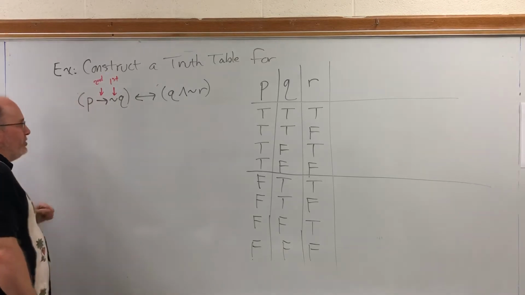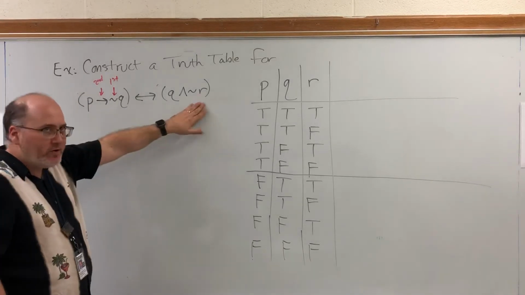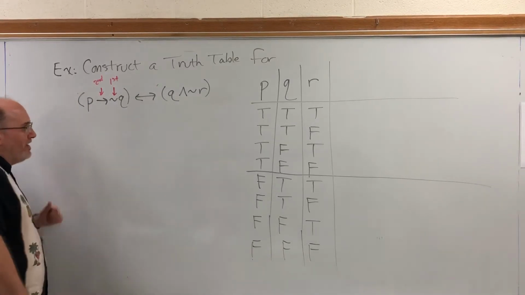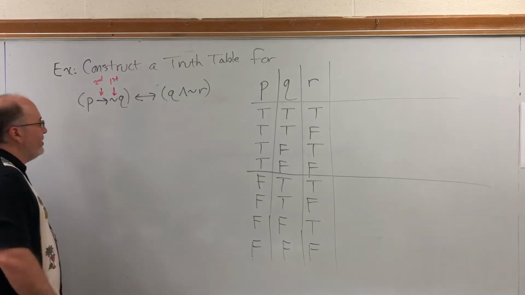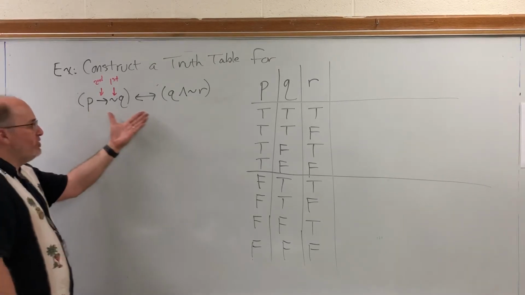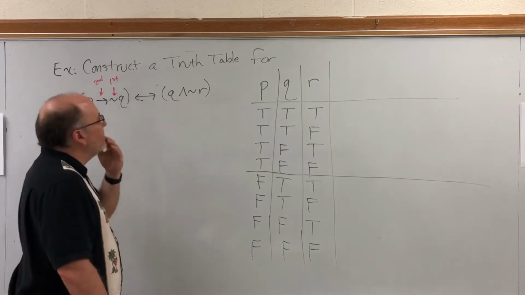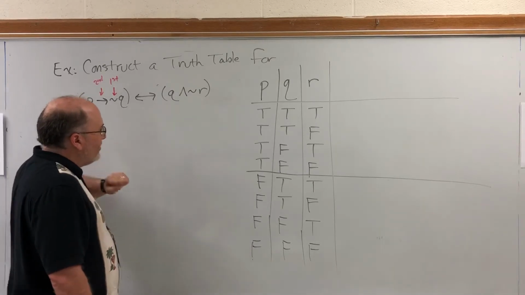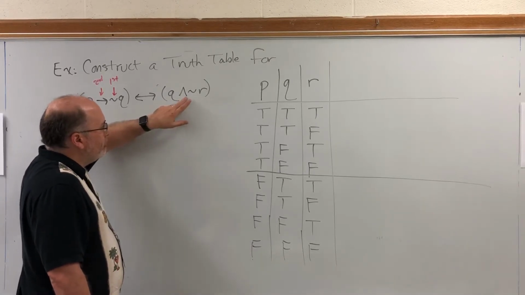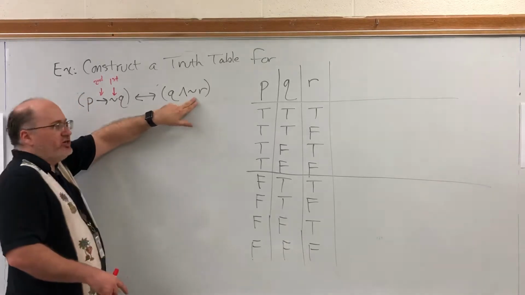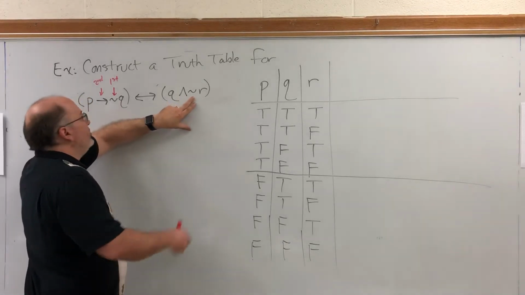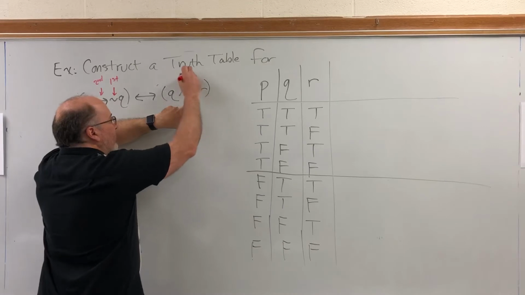There are some authors that will say set up all negations first, but I like to stick with the hierarchy. Speaking of which, we are finished with this parentheses, but now we have this parentheses. Within that parentheses, we have a conjunction and a negation. The negation takes precedence over the conjunction, so it will happen third.